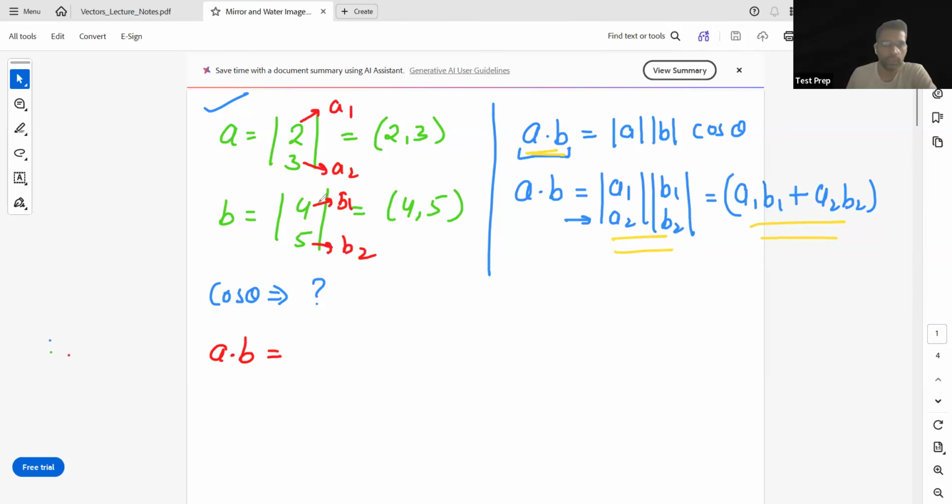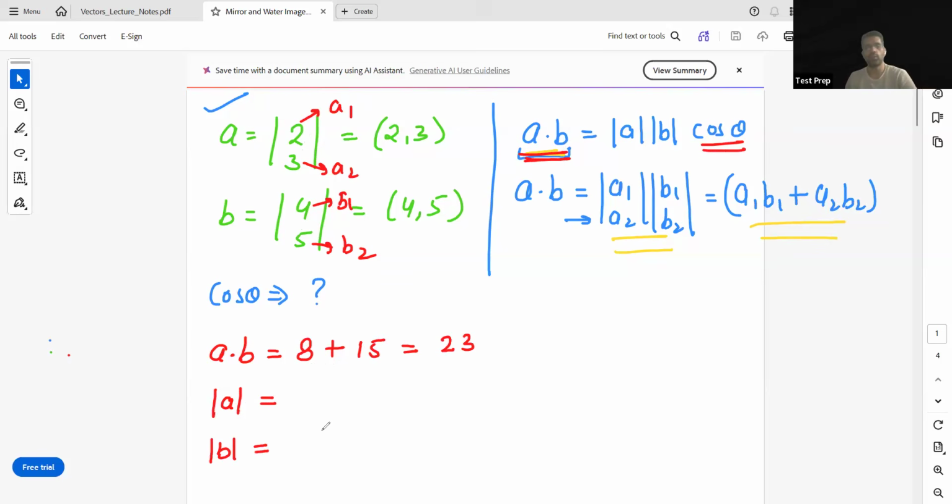So A1 into B1 is 2 into 4, which is 8, and A2 into B2 is 3 into 5, which is 15. So A dot B is equal to 23. This is the value of A dot B, but we have to find cos theta. So please tell me the magnitude of A and the magnitude of B.